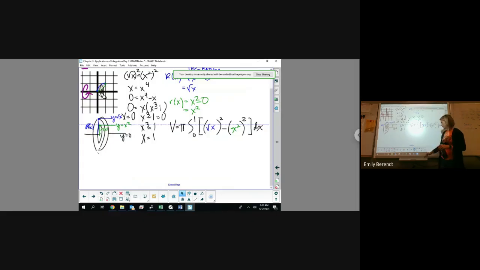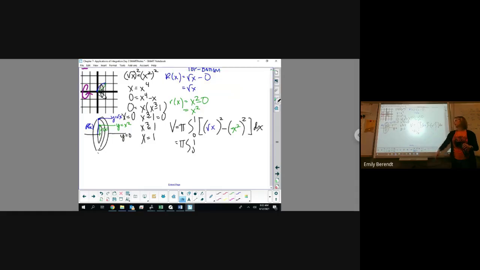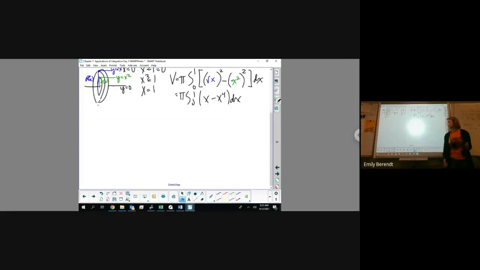Oh, neither. Okay. All right, pi from 0 to 1, square root of x and the square cancel, so we're left with x minus x to the fourth, power of a power. Remember that you multiply. And so this one is also pretty easy to integrate. Just use our power rule. X will become x squared over 2.